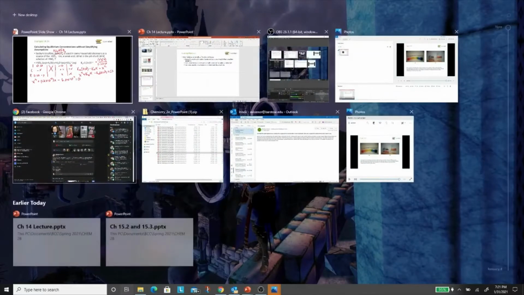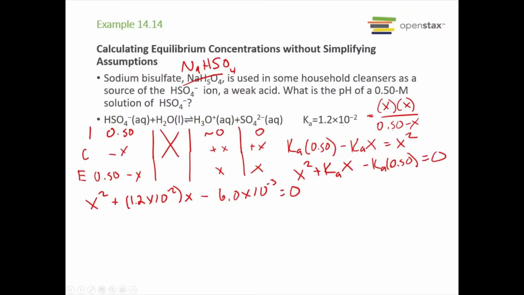There are such things as quadratic equation solvers. If you go online and search for a quadratic equation solver, you can type in what your A, your B, and your C are, and it'll spit out your answers for you. Just make sure that if you have this minus 6.0, your C is equal to negative 6.0 times 10 to the negative third.